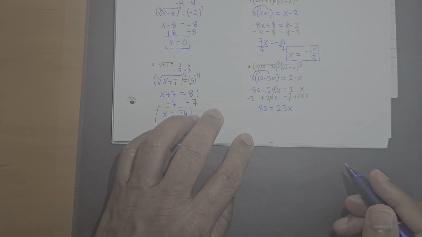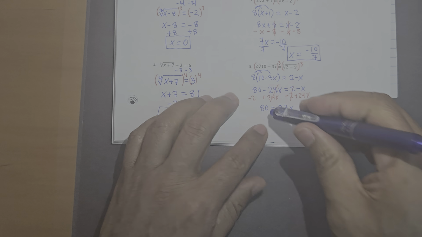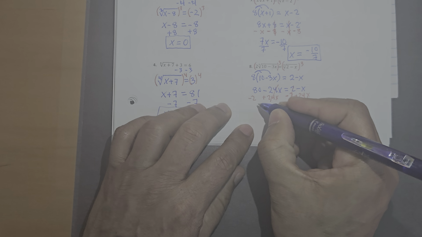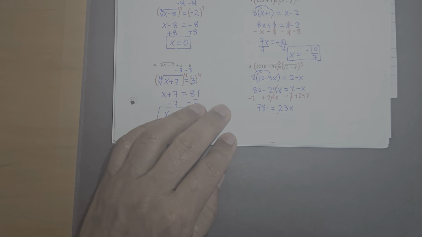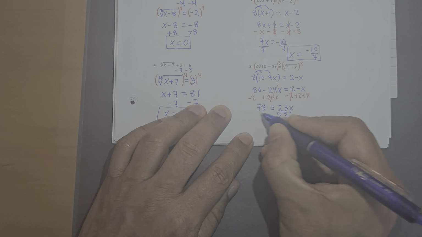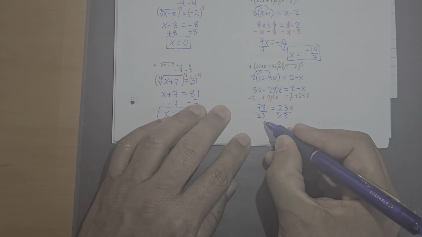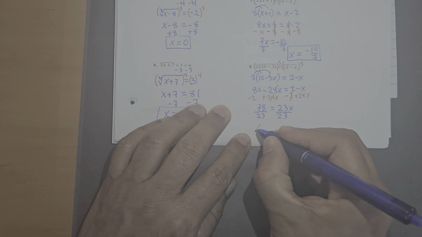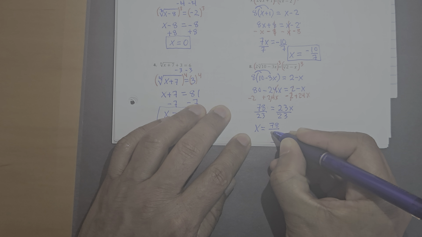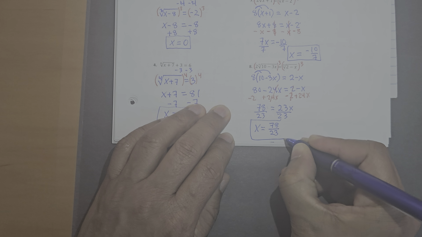Then the last step is I'm going to divide by, oh, I didn't subtract the 2, right? Yeah, I hear you talking here. So before you call me out on it, I heard you. Okay, then divide by 23. So then 78 over 23 does not simplify, so the solution to this equation is 78 over 23 is the value of x.